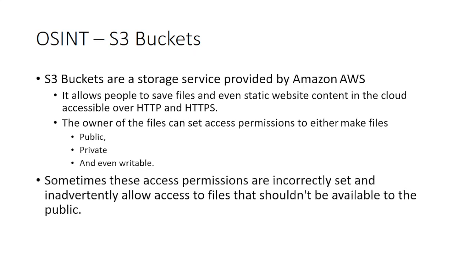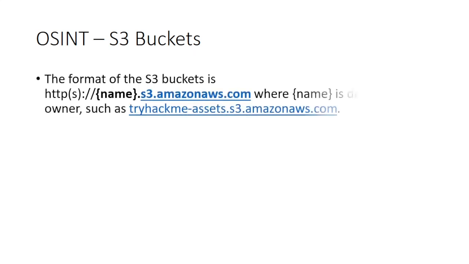Sometimes these access permissions are incorrectly set and inadvertently allow access to files that shouldn't be available to the public. So the format of the S3 buckets is this: a name, and then s3.amazonaws.com, where the name is decided by the owner.